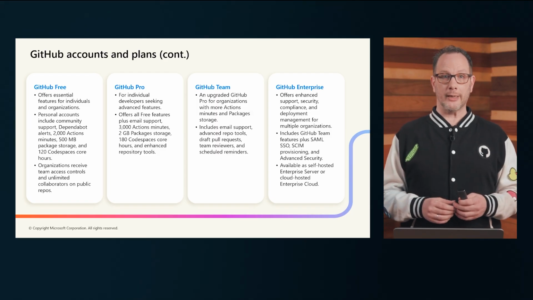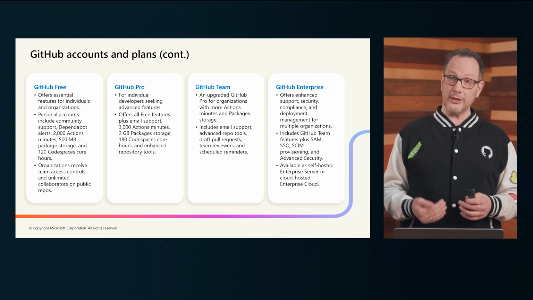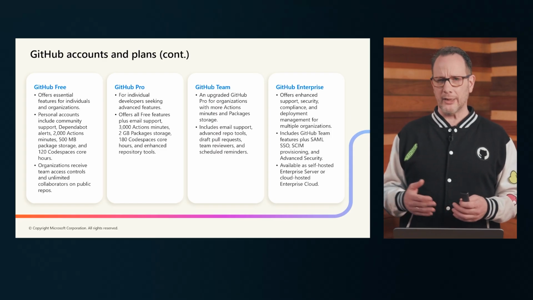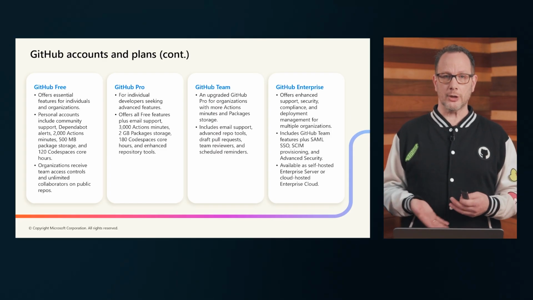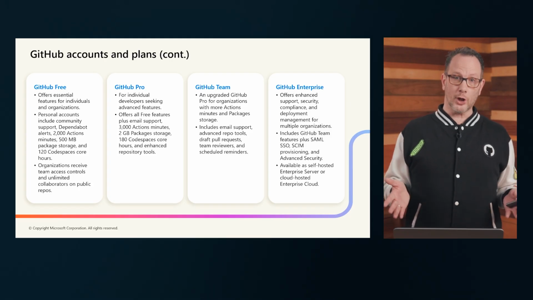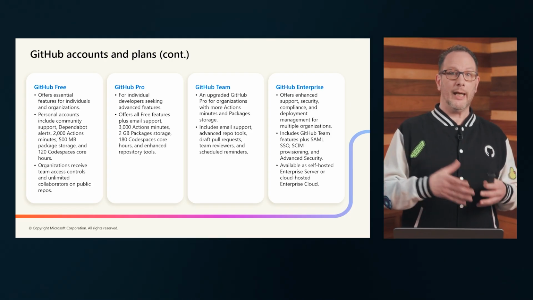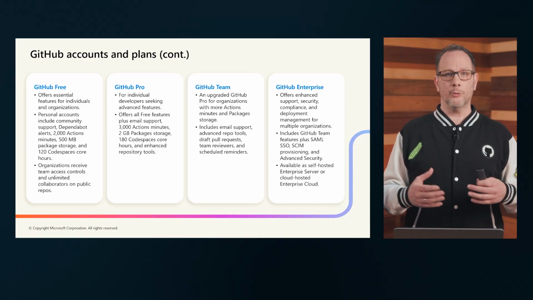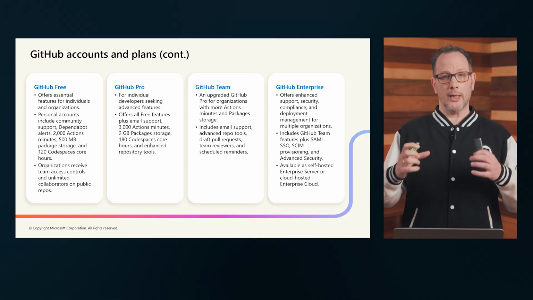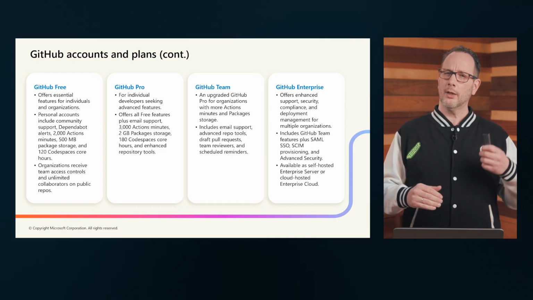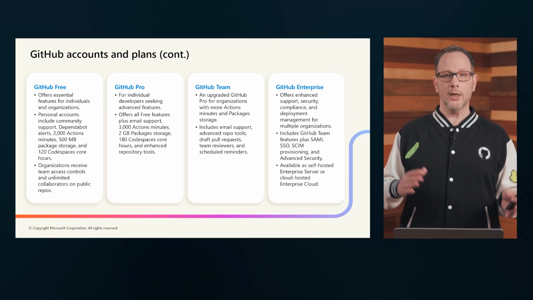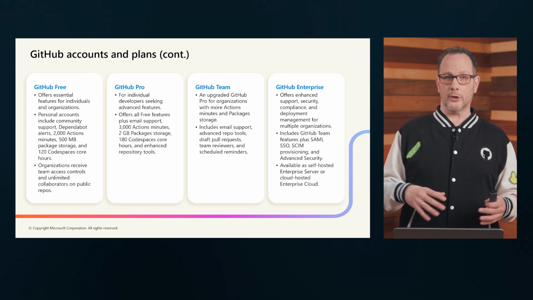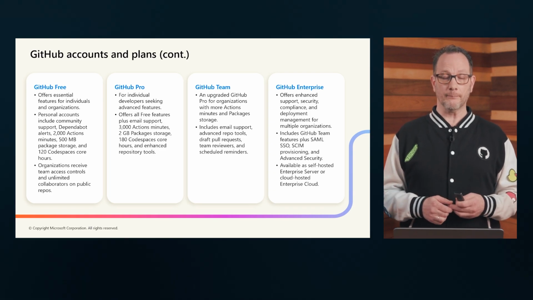GitHub Pro expands those limits and adds features that help you dig deeper into your code, like more storage and increased automation time. For larger teams, GitHub Team as well as GitHub Enterprise provide stronger collaboration and governance tools. GitHub Team is perfect for organizations that need coordinated review workflows and expanded automation.